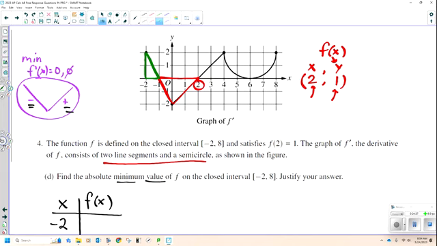This triangle is 2 by 1, so it's 1/2. The area of a triangle is 1/2 base times height. Half of 2 is 1 right here. And this triangle is a width of 3 and a height of 2. So it's 1/2 times 3 times 2, which is 3.